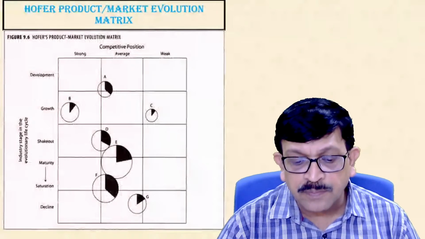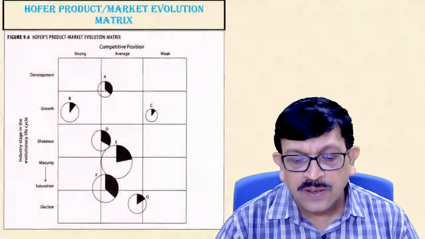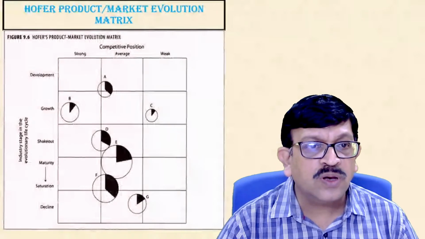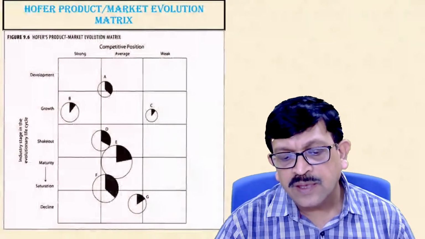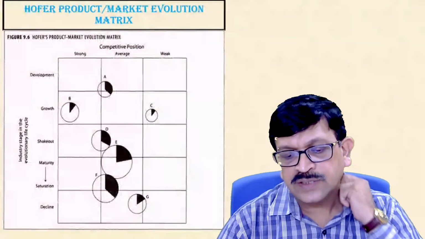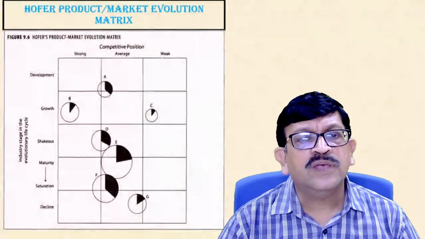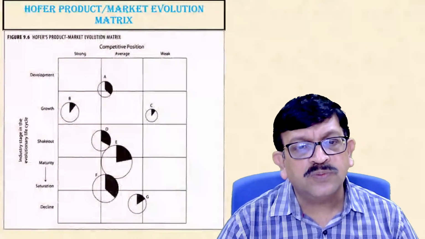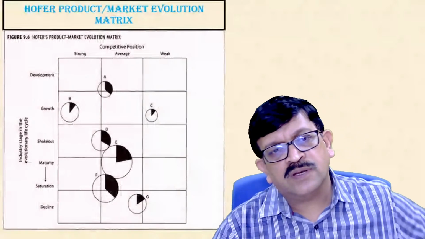If you look at SBU B, which is shown in this slide, you will find that it has a strong competitive position in the growth market. So obviously, you can adopt various growth strategies to make it a future winner. However, for SBU C, the competitive position of the firm is less.